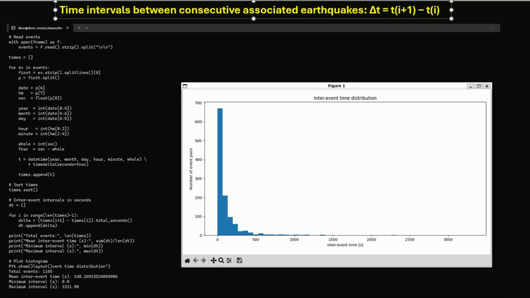This histogram shows the distribution of inter-event times, that is, the time intervals between consecutive associated earthquakes. The horizontal axis represents the time separation between neighboring earthquake detections, while the vertical axis shows how frequently those intervals occur. The distribution is strongly concentrated at small inter-event times.